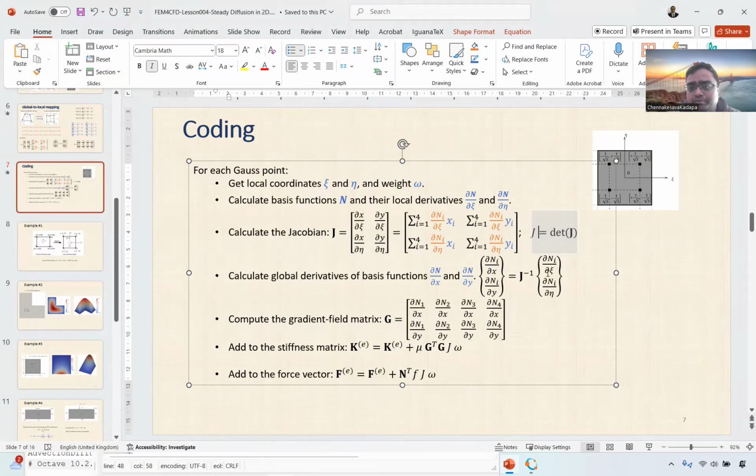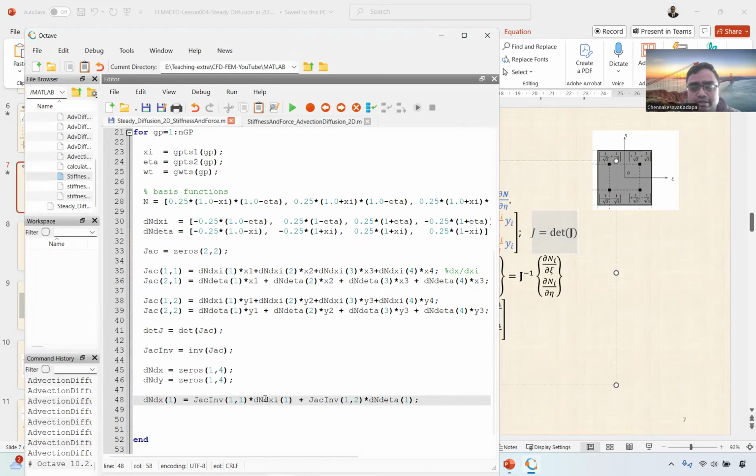For i equal to 1, we take dou N by dou xi and dou N by dou eta for the first basis function. Similarly, we calculate dN by dy for the first basis function. Here Jac inverse would be the second row, multiplied by the derivatives with respect to xi.